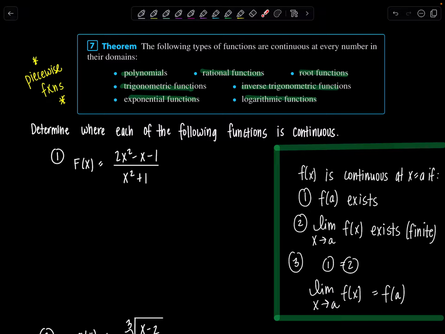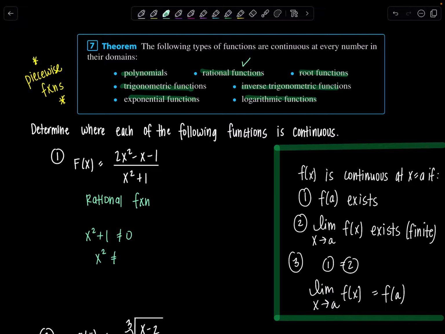Okay, here we go. Determine where each of the following functions is continuous. So here's f of x. Right away I go, okay, this is a rational function. So now I need to figure out what its domain is because rational functions are on the list. Well, I know I don't want the denominator to be 0.